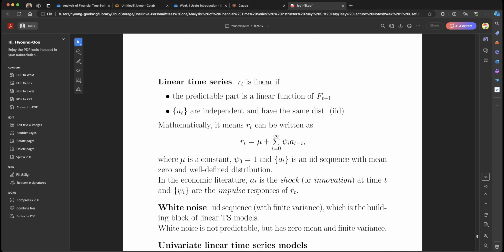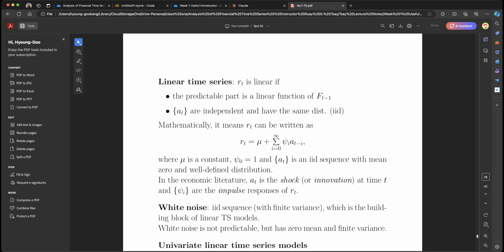Now the linear time series model: r_t is linear if the predictable part is a linear function of history, and the a_t are independent with the same distribution, IID. Then we call it a linear time series model.